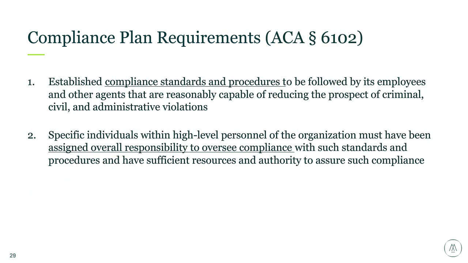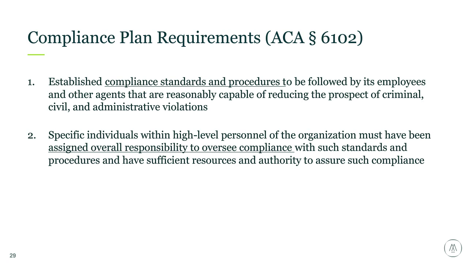Back at the inception of the Affordable Care Act, Section 6102, CMS reiterated that the 7 elements of compliance plans needed to be there for skilled nursing facilities, and then they added an 8th element that we will talk about at the end. But to remind folks, when we're talking about a compliance plan, the compliance plan must meet these initial 7 elements.